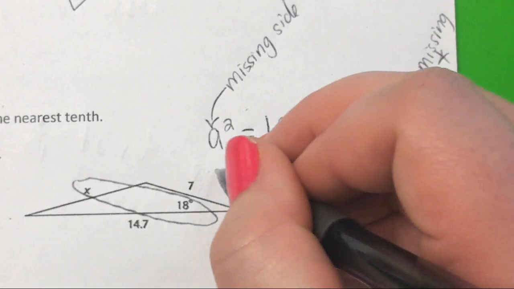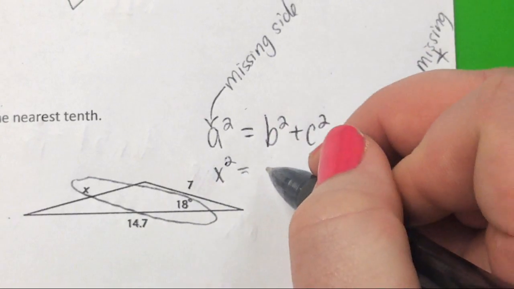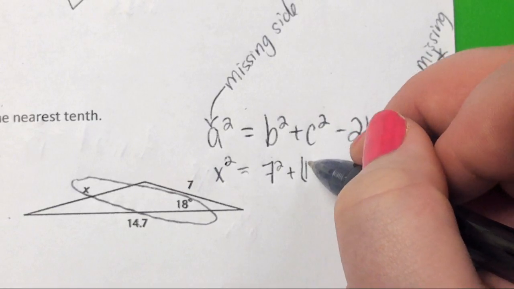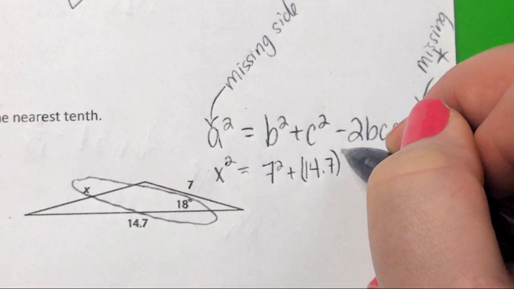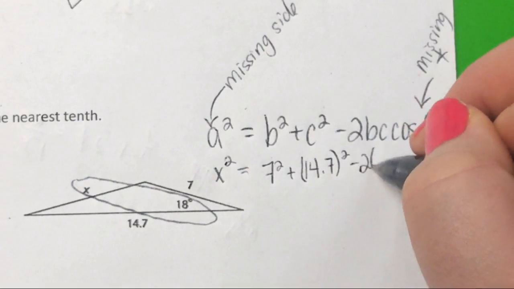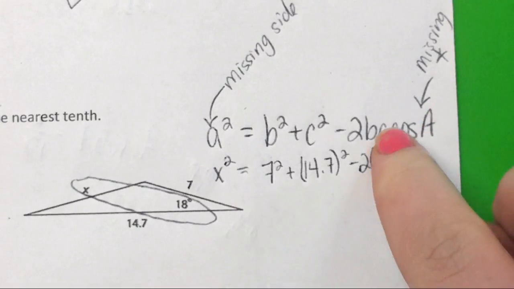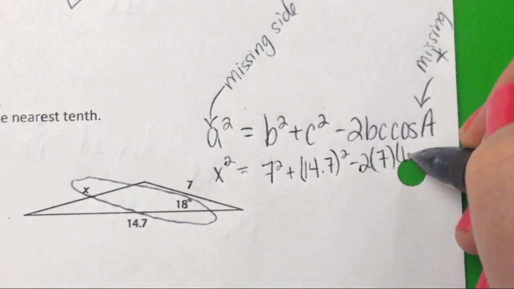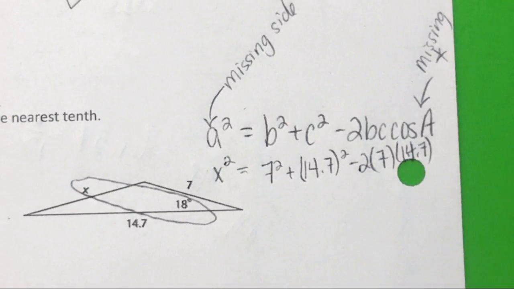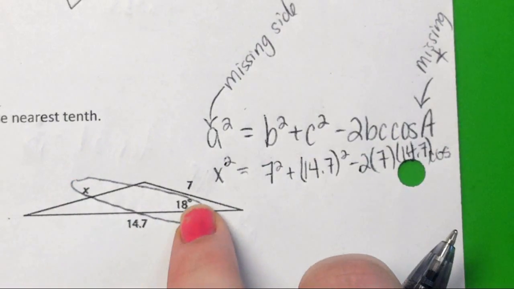So I'm going to do x squared equals, doesn't matter who you pick for A or B. So I'll do 7 squared plus 14.7 squared minus 2 times, well, for B I picked 7, so I've got to put a 7. For C I picked 14.7, so I've got to put 14.7. And then it's cosine of the circle buddy angle, which would be 18.